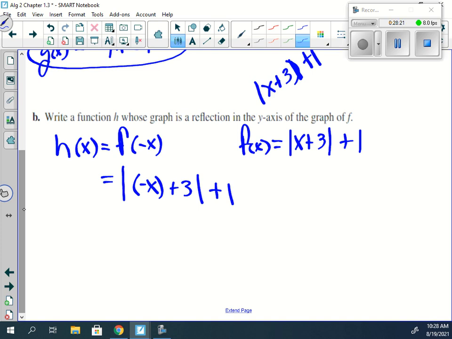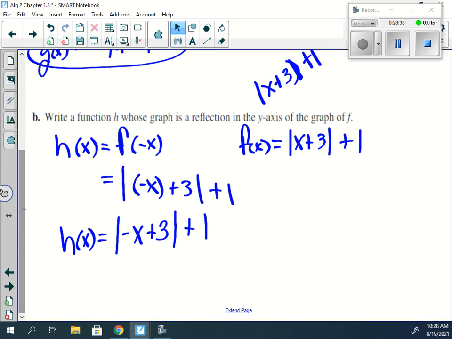Well, I don't really need those parentheses. We can drop those, yes? And I'm left with the absolute value of negative x plus 3 plus 1. That's it. Any questions on this here so far?